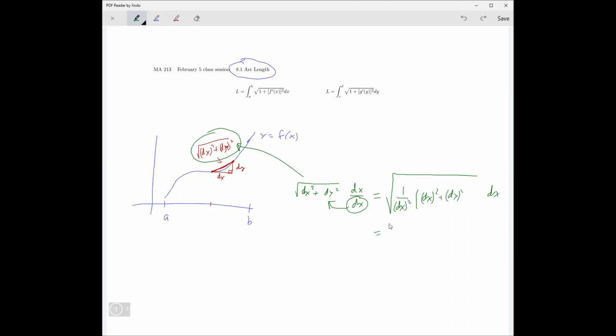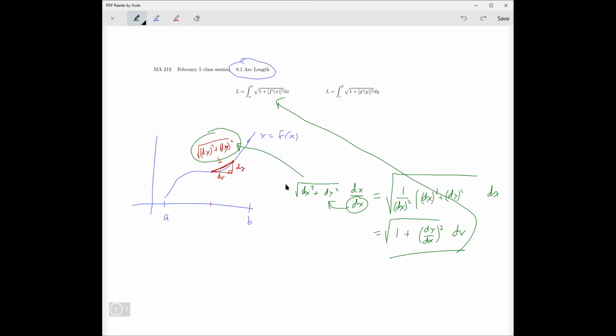Then as you distribute that in, you get the square root of 1 plus dy dx squared, times dx. That's why you get something like this as what you're integrating from a to b. That's kind of where that comes from. We can go into more detail about that.